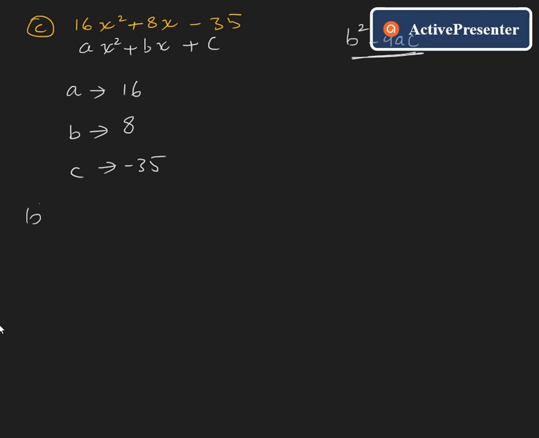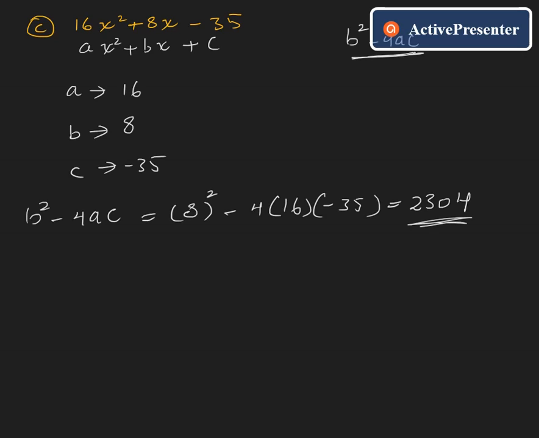So b squared minus 4ac equals to what? 8 squared minus 4 multiplied in a, which is 16, multiplied in c, which is minus 35. Of course, this negative multiplying this negative will be a positive number. If you do the multiplication, you will find the answer to be 2304. Is it a perfect square or not?